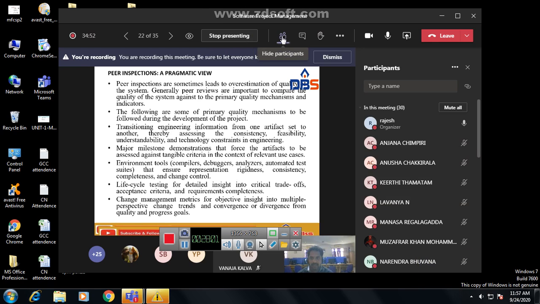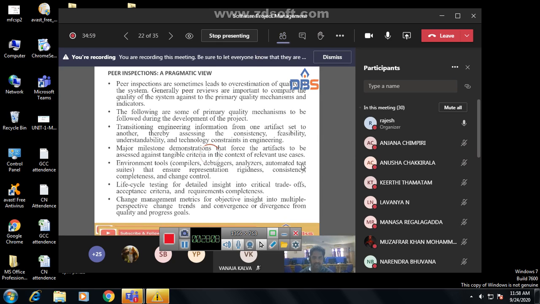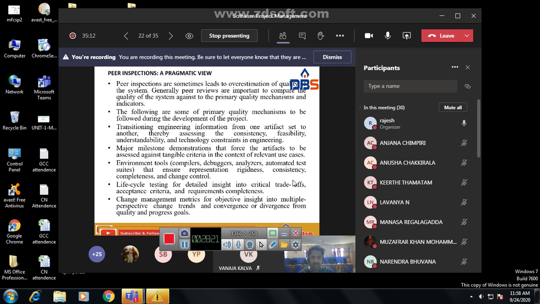and next, major milestone demonstrations that force the artifacts to be assessed against tangible criteria in the context of relevant use cases. So we use different types of demonstrations that force the artifacts to be assessed against tangible criteria in the context of particular use cases. Then environment tools, that is compilers, debuggers, analyzers and automated testing tools, ensure representation, rigor, consistency, completeness and change control.